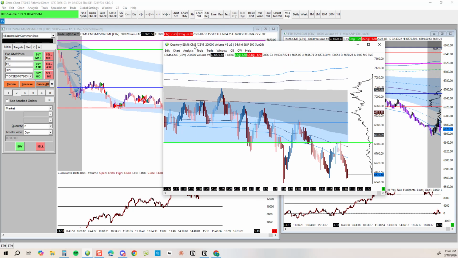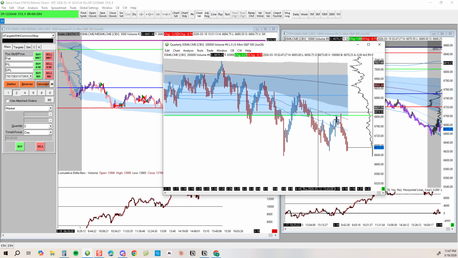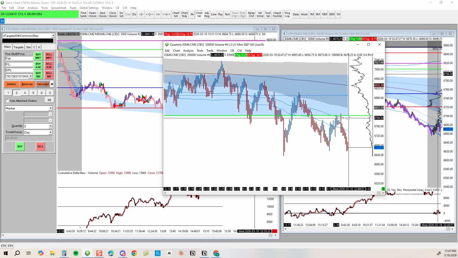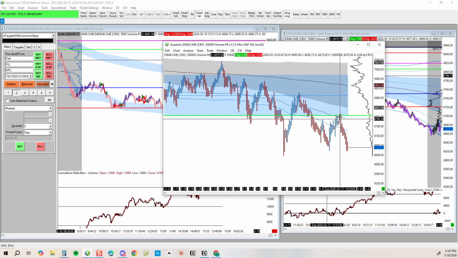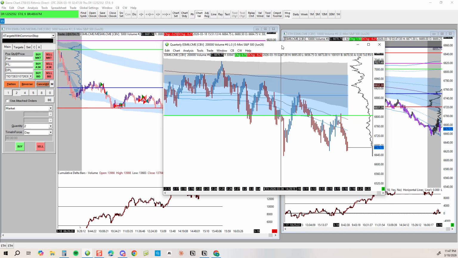So basically, in the overnight, the quarterly previous value area low was rejected, and I was considering that as one of my hypos for the day.